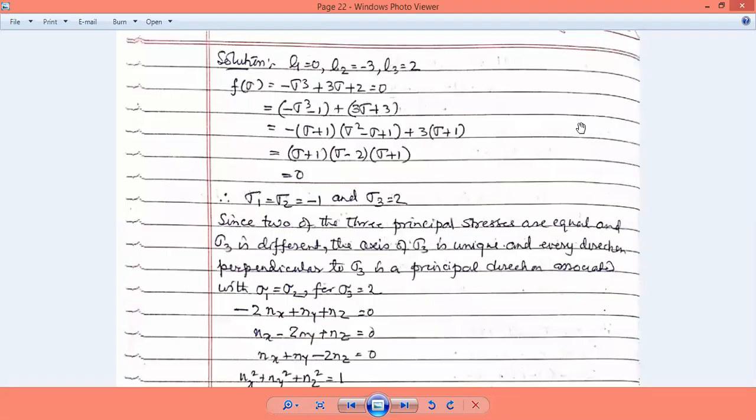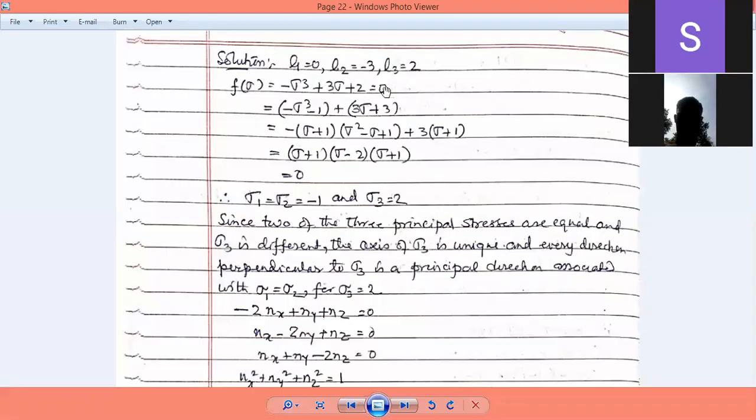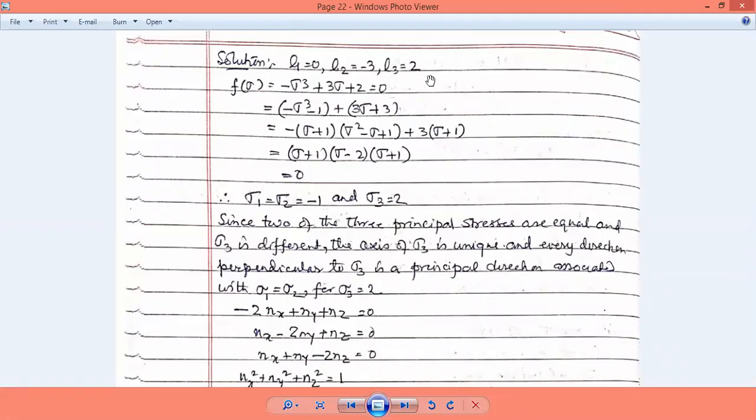Now, if we solve in the same way, because sigma x plus sigma y plus sigma z is equal to 0, L1 is equal to 0, and for the matrix, L2 is equal to minus 3 and L3 is equal to 2 itself.